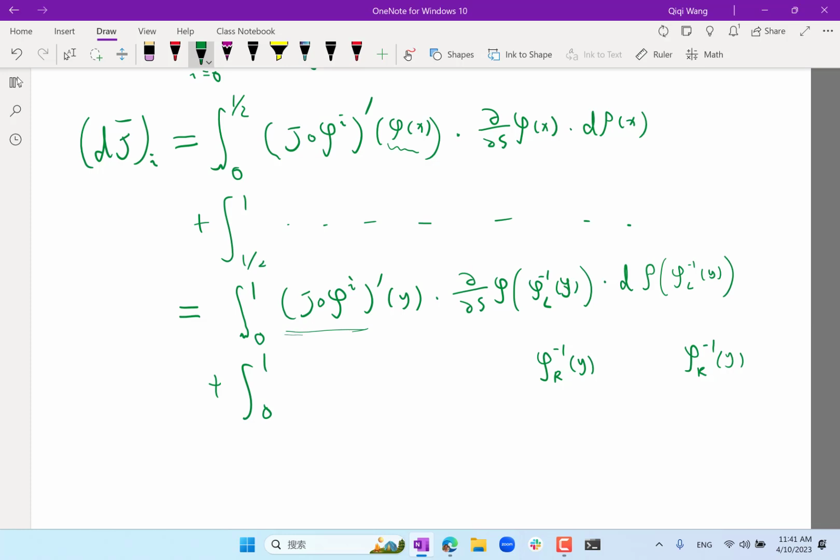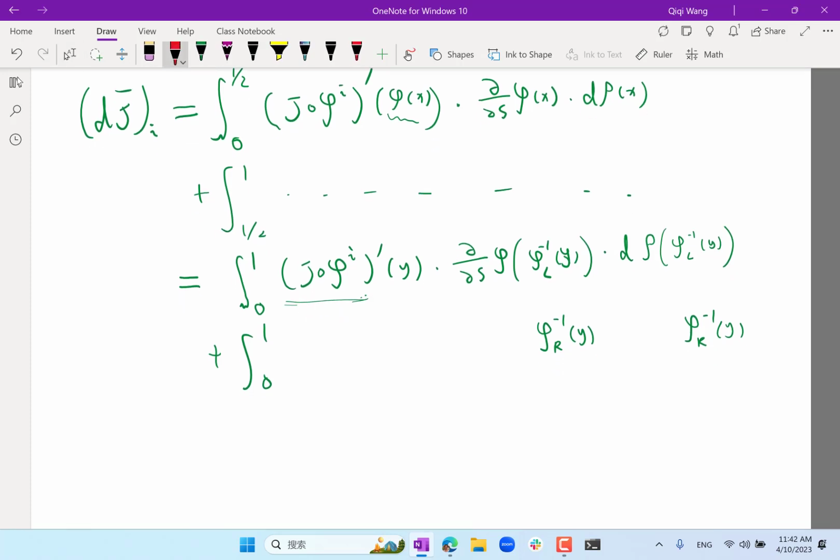I can move the derivative to the other parts of the function. Let's consider starting from the easier case, where rho is uniform.